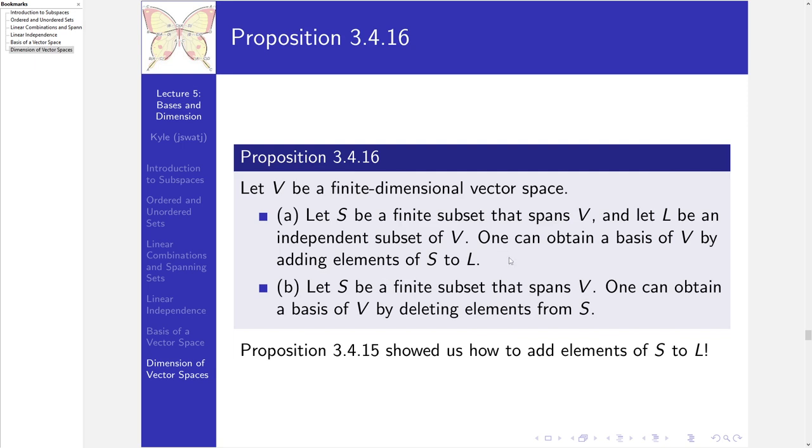Let S be a finite subset that also spans V. Then we can delete elements. Spanning would be anything larger, which would basically overshoot. It's dependent, we have these extra vectors that we don't need, that are just unnecessary. So if we keep removing them, we'll eventually reach a basis. The previous proposition showed us how to add elements of S to L, right?